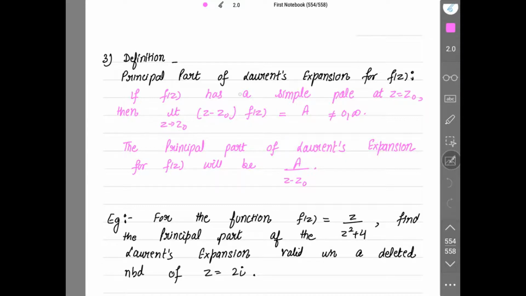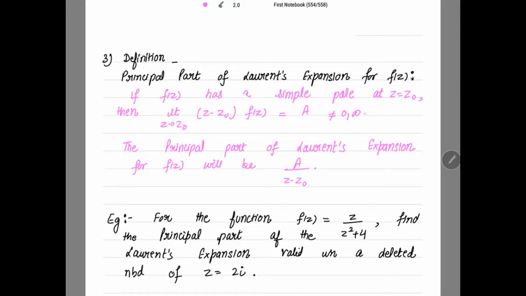Now here n is equal to 1 because we are talking about the simple pole. So the limit z tends to z0, (z minus z0) into f(z) is equal to a, and if this limit is not equal to 0 or infinity, then the principal part of Laurent's expansion for f(z) will be that limit a over (z minus z0).